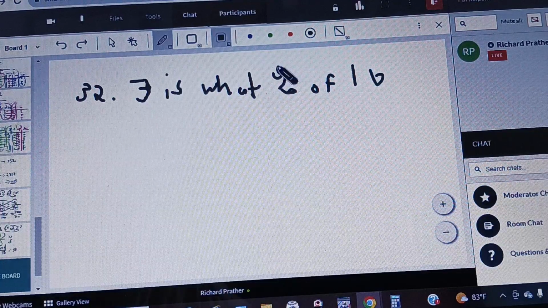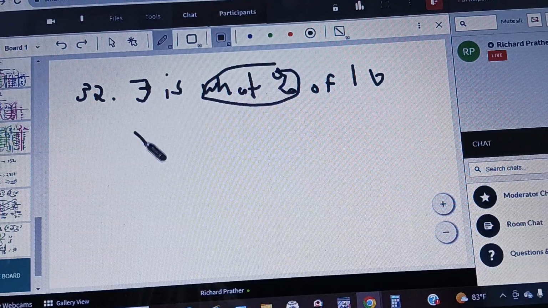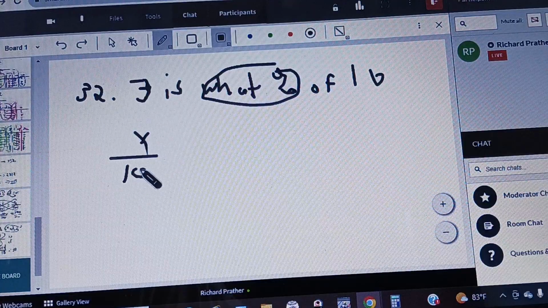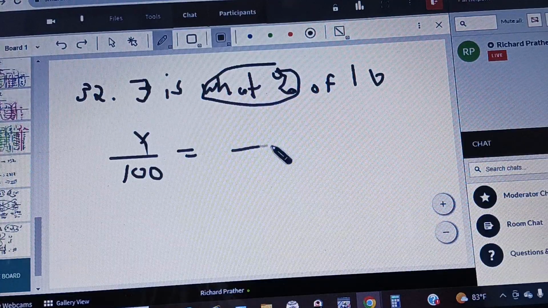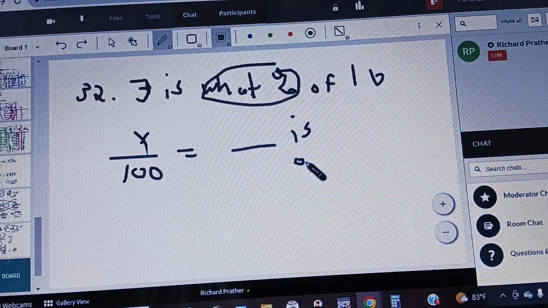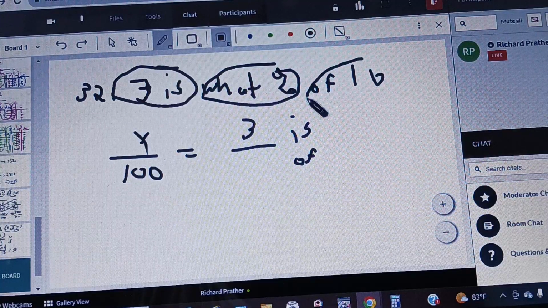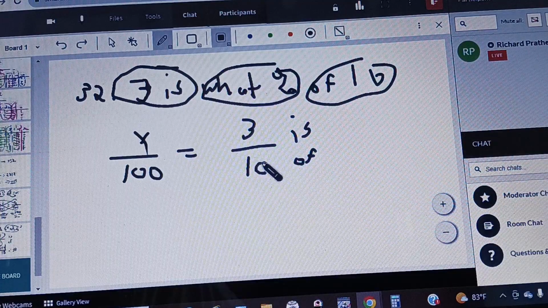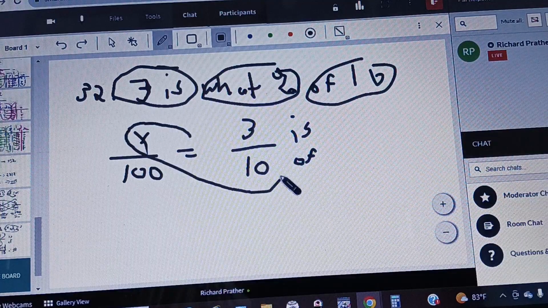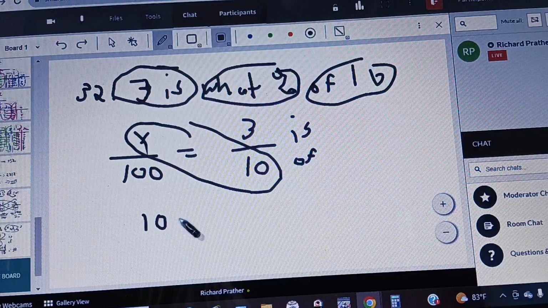So now I don't know the percent. What percent? So I put x over 100. Here's where the x is, in the top left. And we still need is and of in that order. So the 3 is, and the of is 10. The diagonal with x is right there.